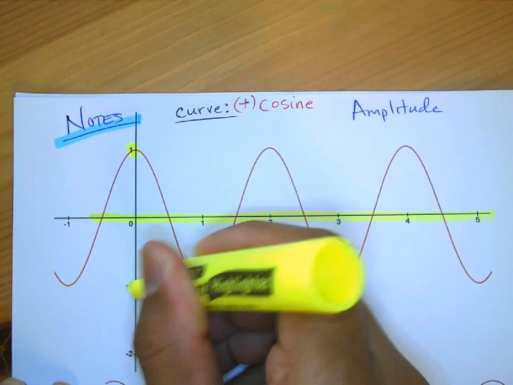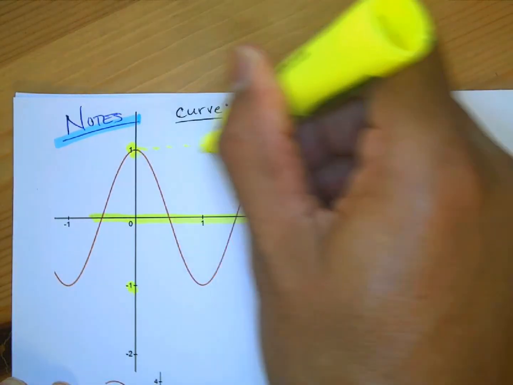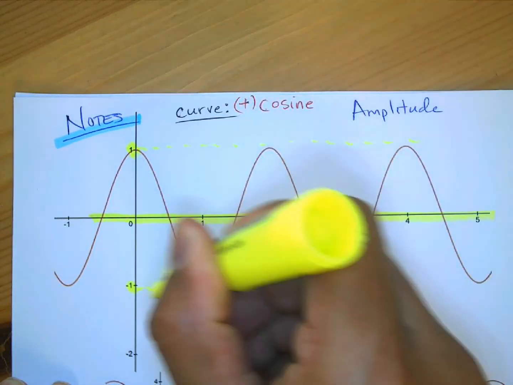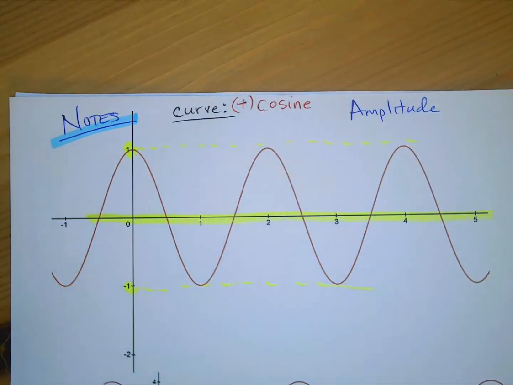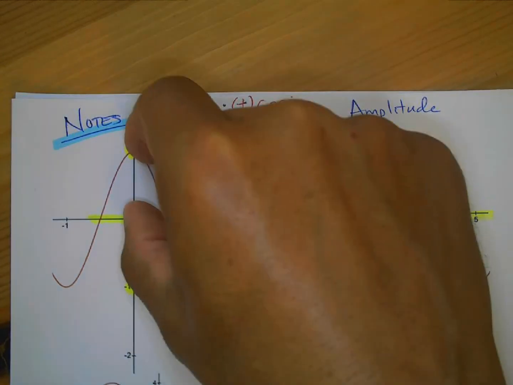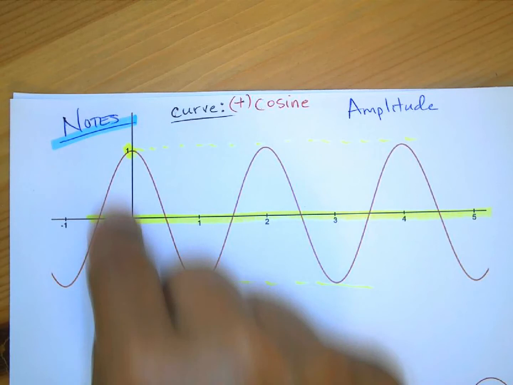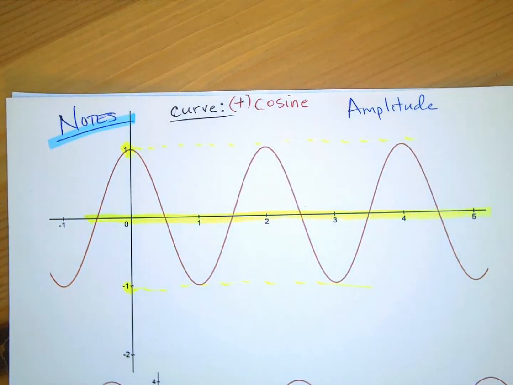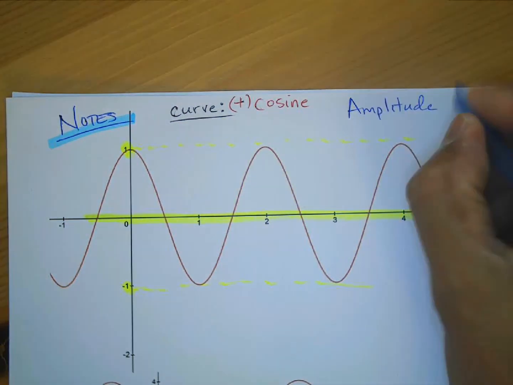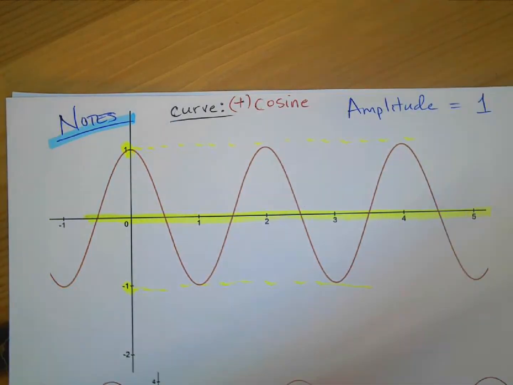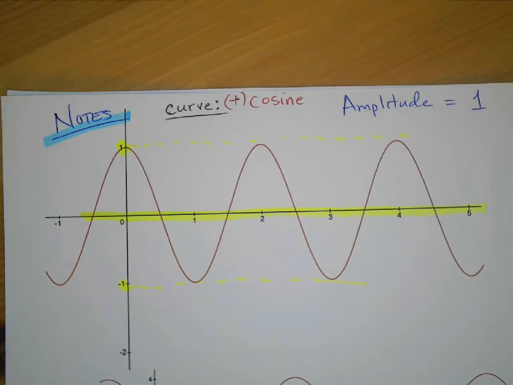The same amount. How much is that? Well, that's your amplitude. So obviously it's 1. It's just going 1 over, 1 under. The amplitude is always a positive value. The amplitude is 1 for this graph.